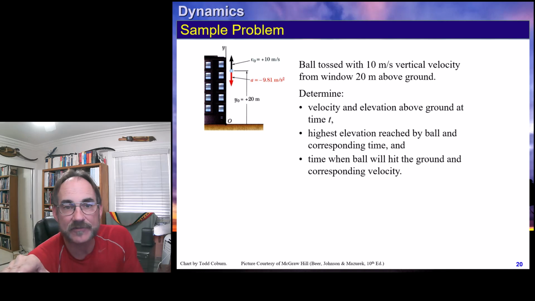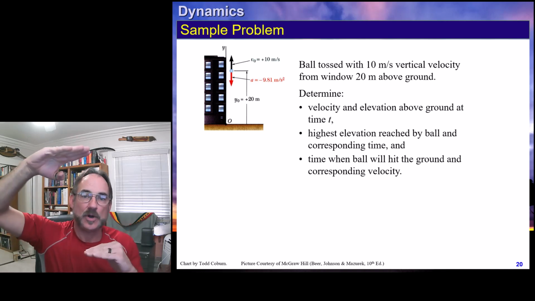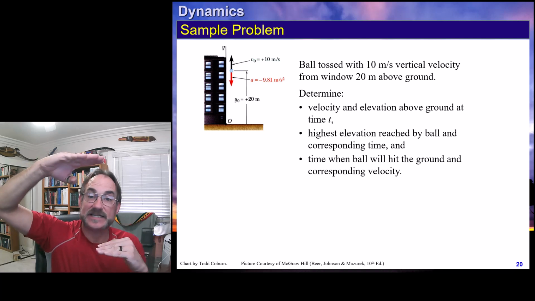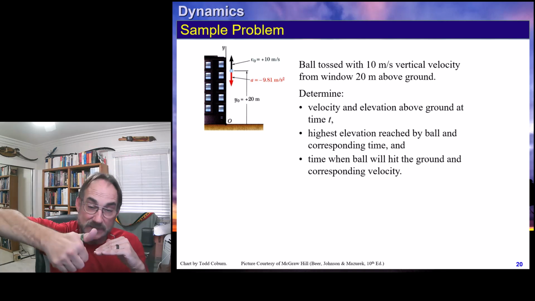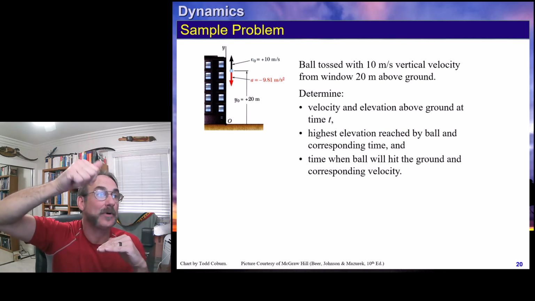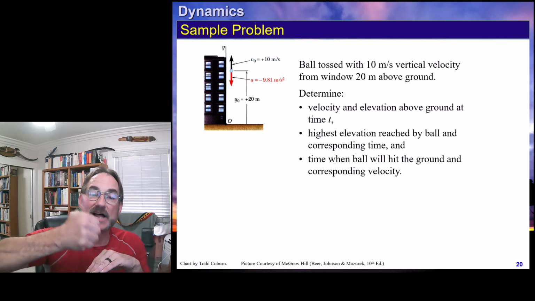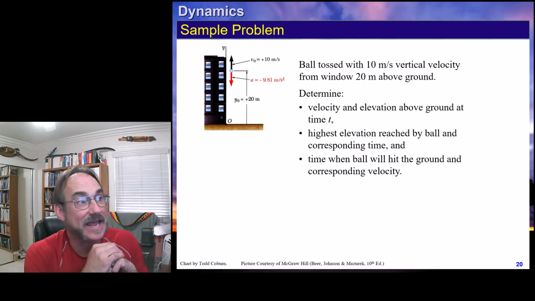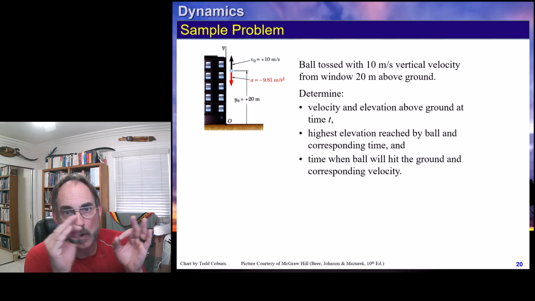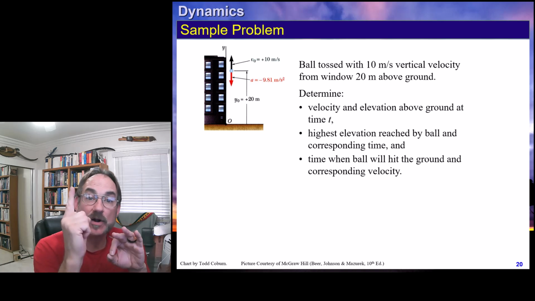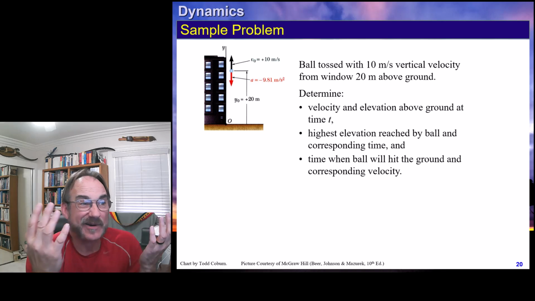Draw a horizontal line for the origin, show the position of your ball, show the dimension, 20 meters in this case, and show your velocity. It looks like it's tossed upward, which means it's got a positive velocity going upwards. That's 10 meters per second. So your initial velocity, v0, is 10. So s0, or y0, is 20, v0 is 10. And now we're going to say, okay, then what happens?